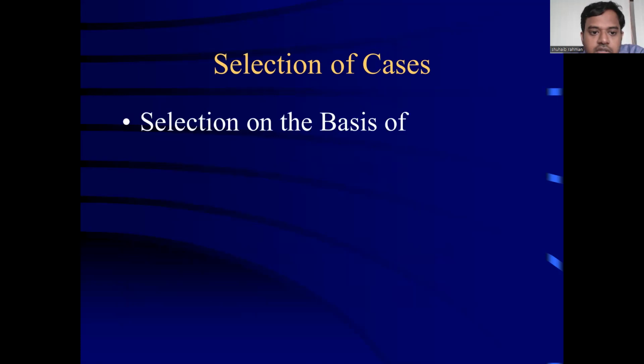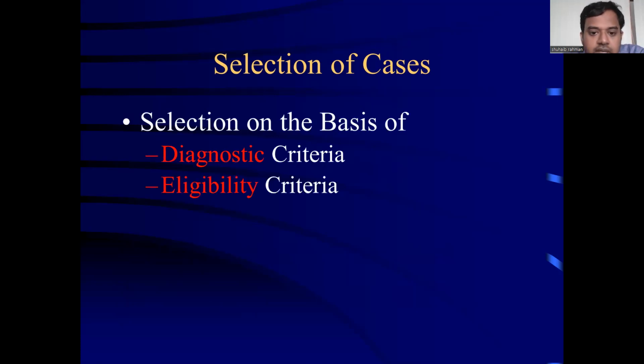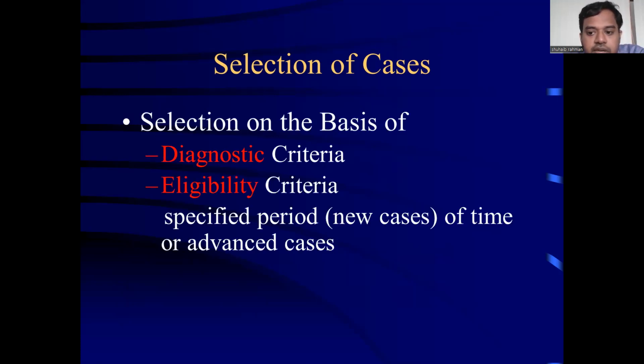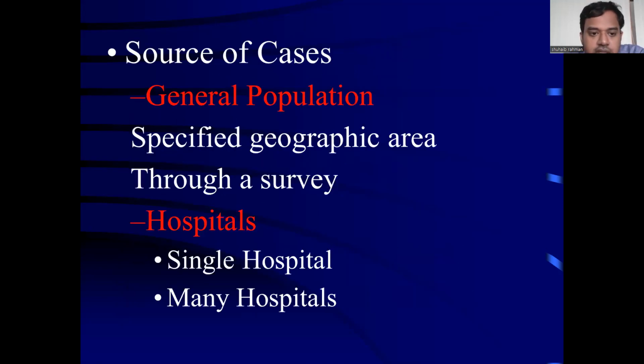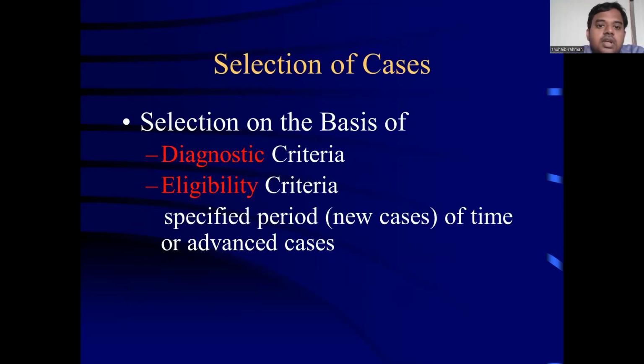Selection of cases is on the basis of diagnostic criteria, eligibility criteria, and a specified period of time, or advanced cases. Once the diagnostic criteria are made, we are not supposed to change them when we are selecting a case.